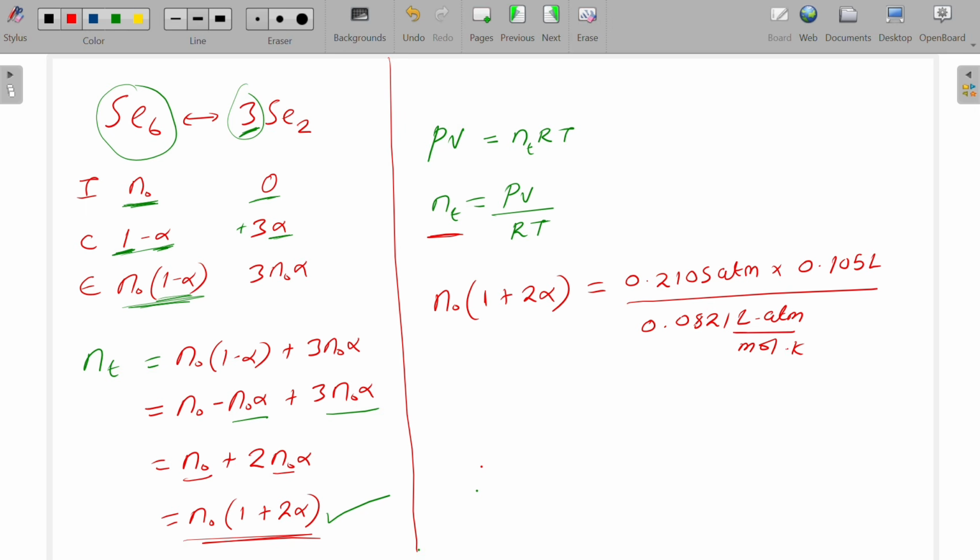So those are the units. And then this is multiplying by temperature that we said is 873 kelvins. So that's what we are going to have there.